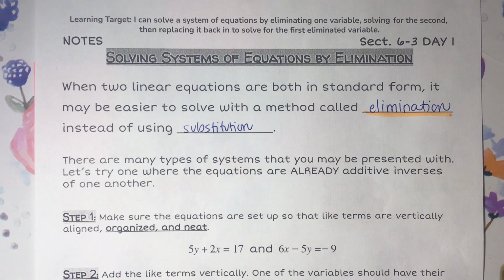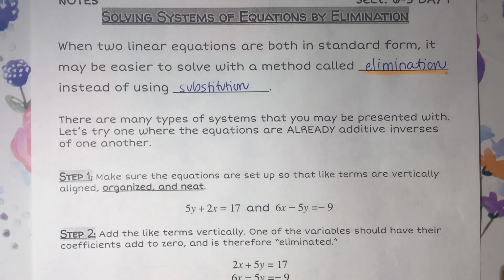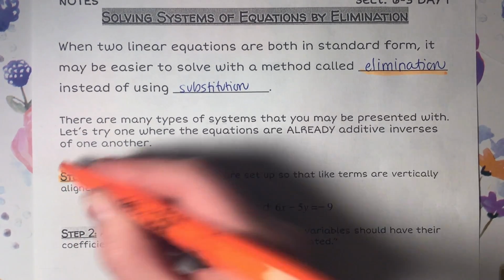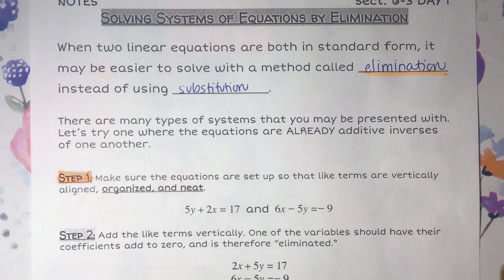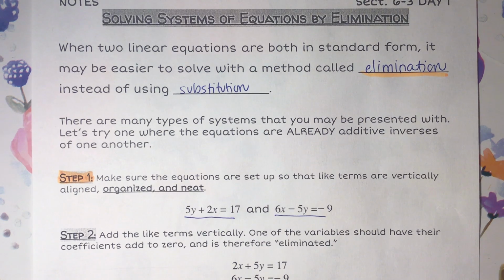And we have some basic steps for doing this. So first of all, we need to make sure that the equations are set up so that the like terms are vertically aligned and organized. What that means is I want my equations to have the x's in line, the y's in line, the equal sign in line, and then the plain number in line. So notice this equation and this equation are together.